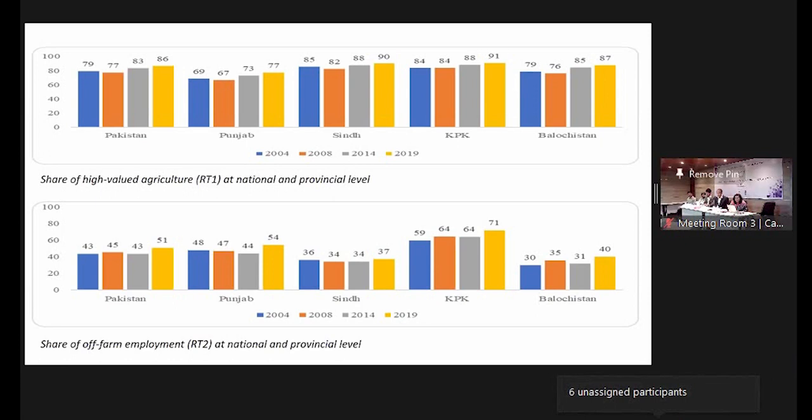This particular paper is focusing on one of those drivers that are the reason for this rural transformation. That driver is irrigation, which we are considering in our paper. There are many other drivers, such as credit, education, and so on.